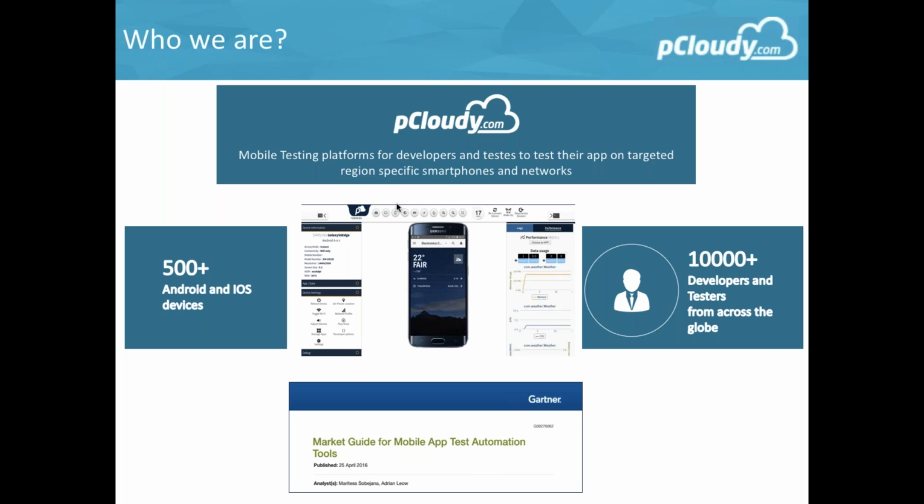And it's one of the first platforms for mobile app testing on cloud from India. So we are very, very proud of that. More than 10,000 developers and testers have trusted us so far. And many of the industry analysts also have featured us in various forums, and Gartner is one of those. So you can go and take a look at the market guide report of Gartner around mobile app automation tools.